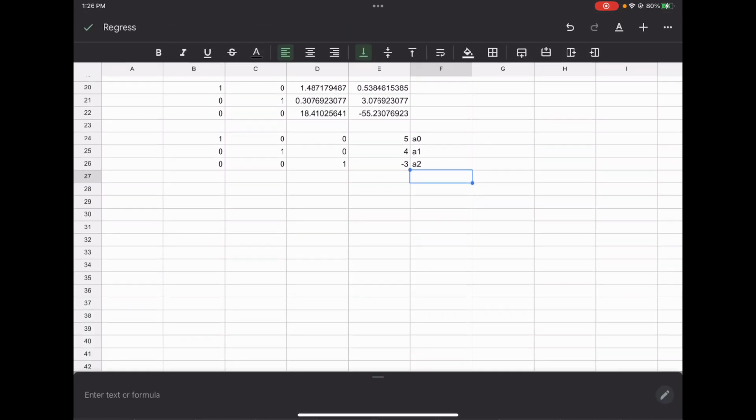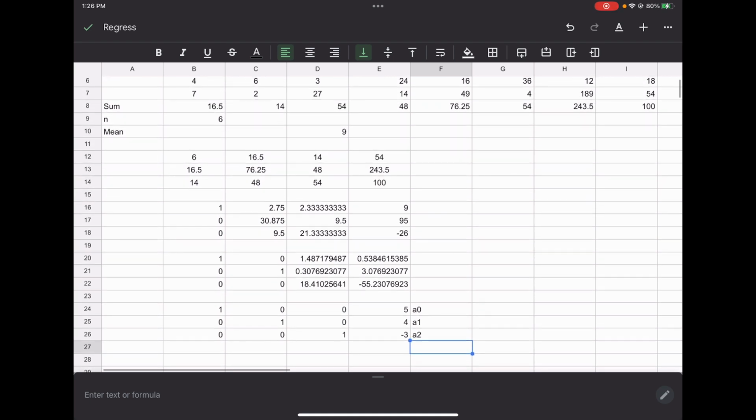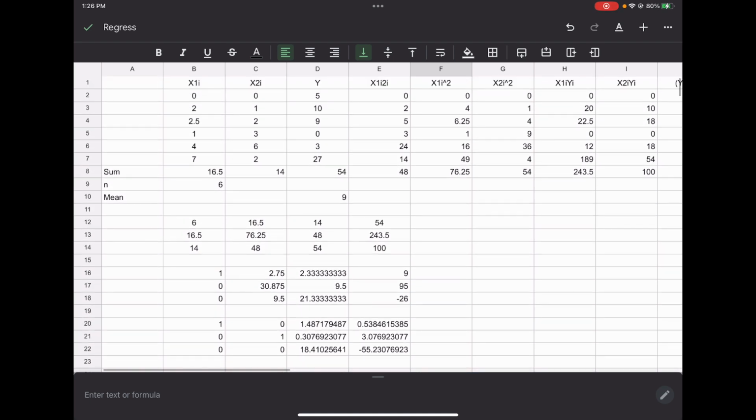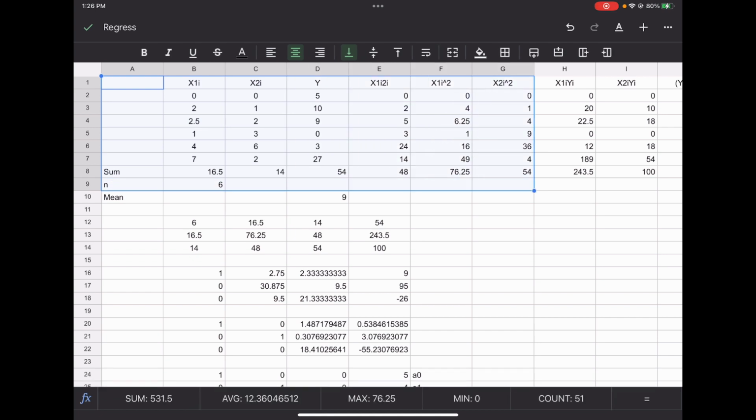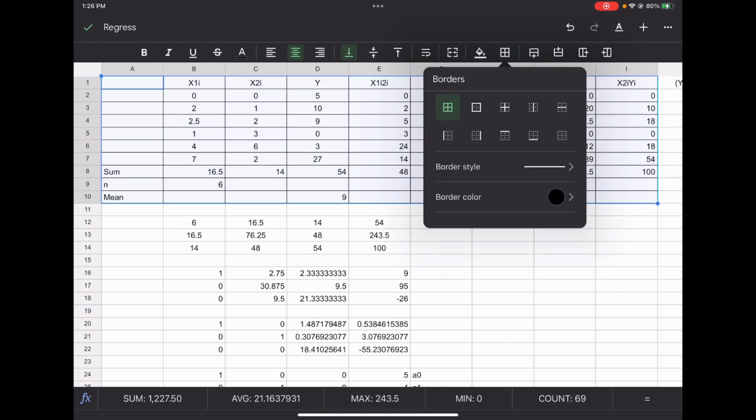So we can now form, based on our computation, so I can copy this one.